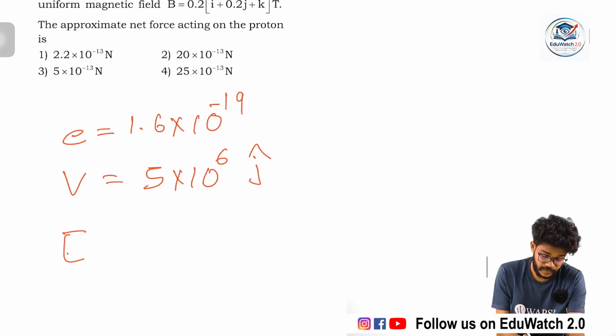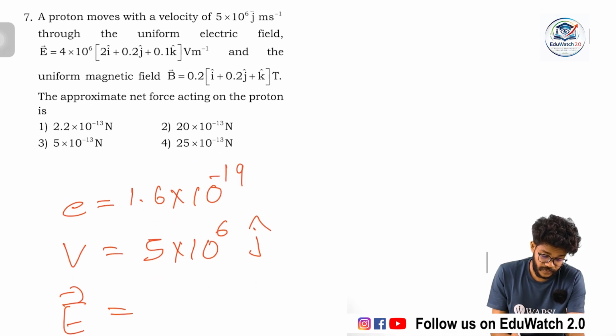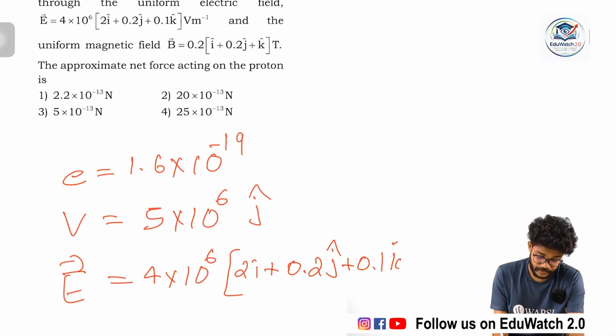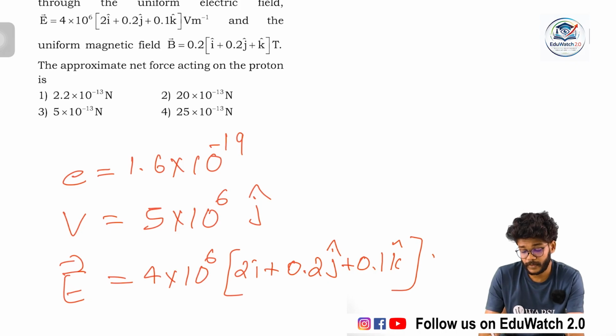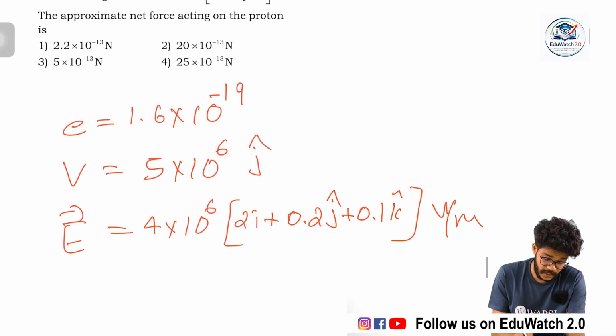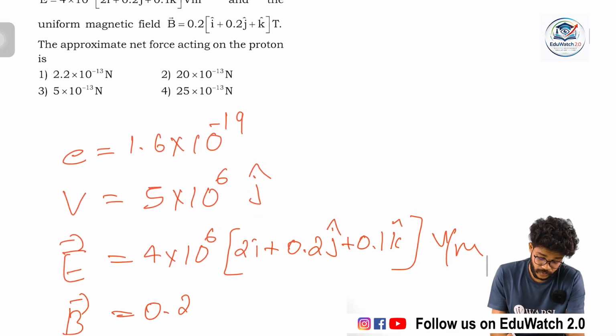E is given as 4 into 10 raised to 6 times (2i plus 0.2j plus 0.1k) volt per meter. And the uniform magnetic field B is given as 0.2i plus 0.2j plus k Tesla.